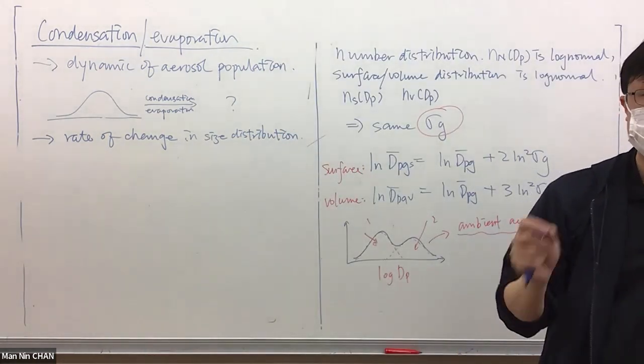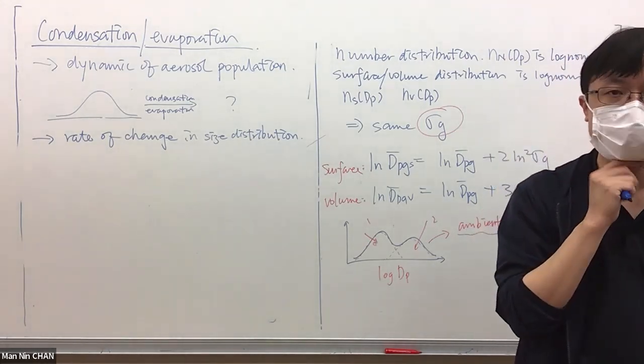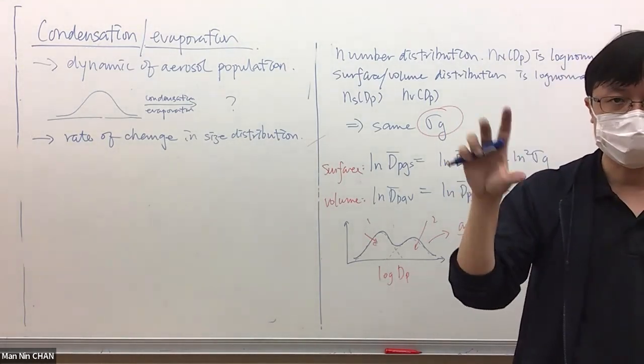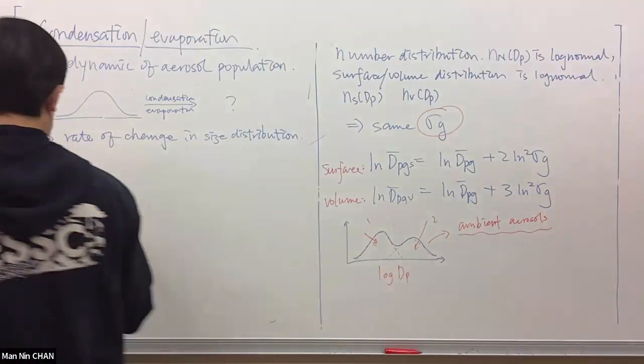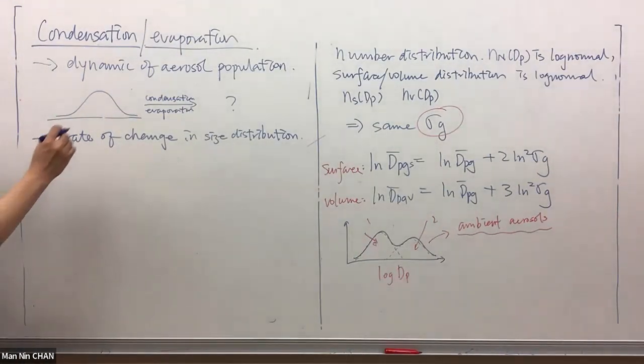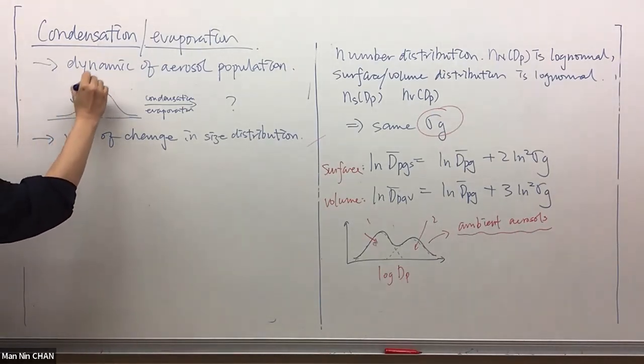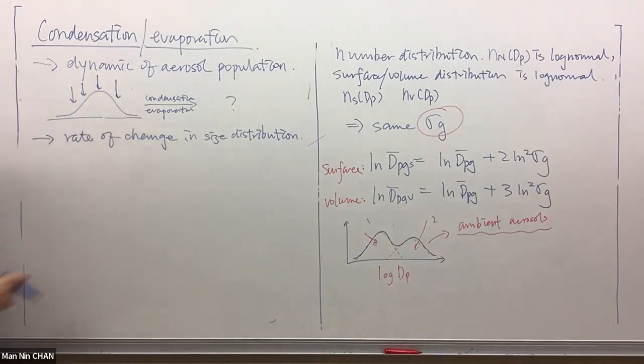I think we have discussed this when we talked about the aerosol dynamics of the single aerosol particle. So we talk about the condensation. How does the condensation change the diameter of a single particle first?